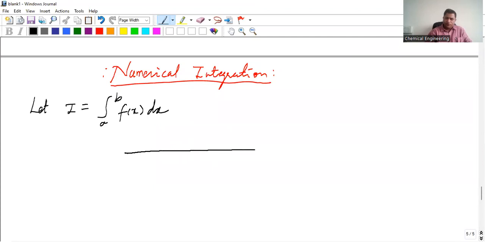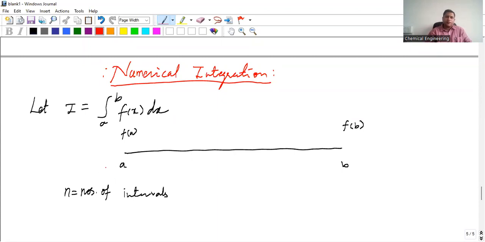We have the interval from a to b, and here we have the value f of a, and here we have the value f of b. Now we have to divide this interval into n parts, so n is equal to number of intervals.